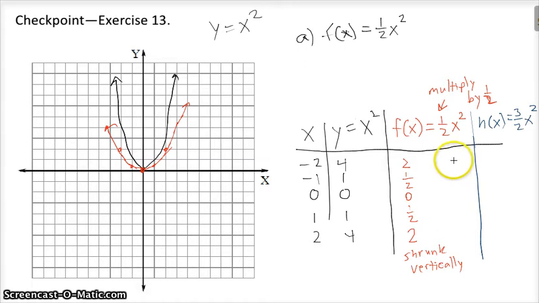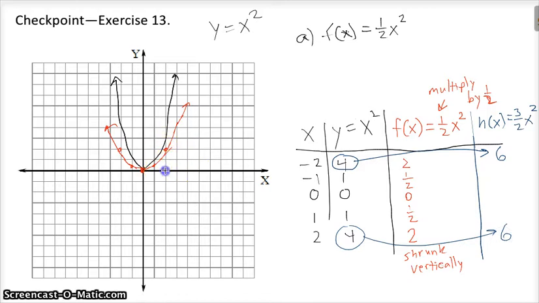So now instead of having a 1/2 in front of it, I have 3/2 in front of it. So I'm going to take these original numbers here and I'm going to multiply them by 3/2. So I'm going to take that times 1 1/2 and I get 6. I'm going to do the exact same thing with this one as well. So I'm going to get 6 here.